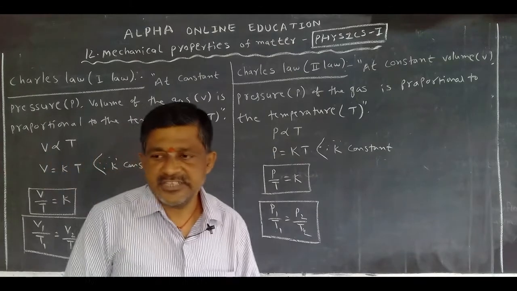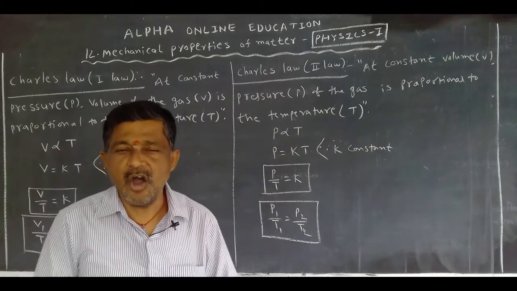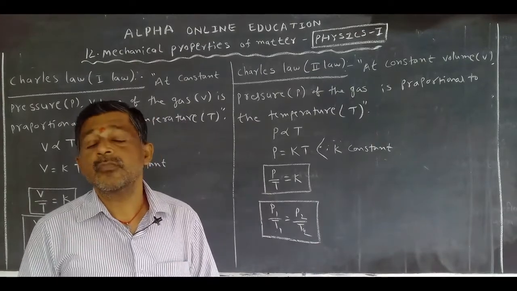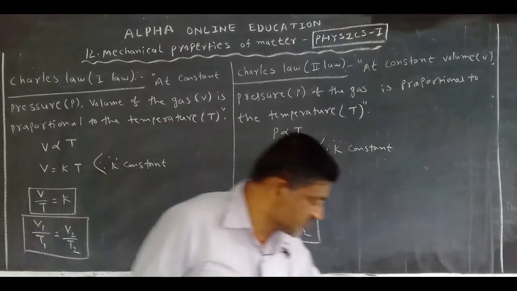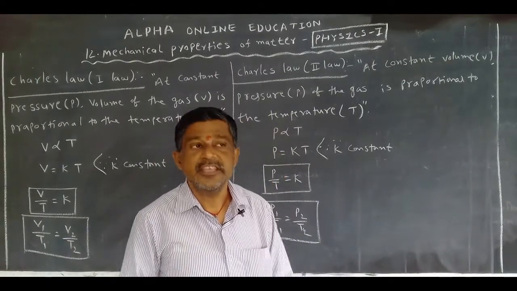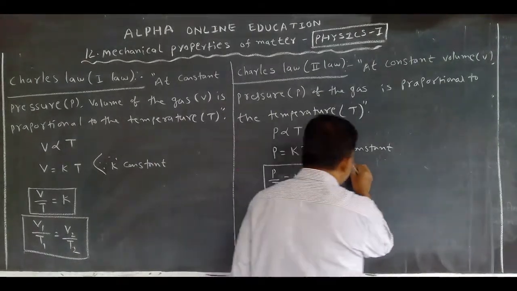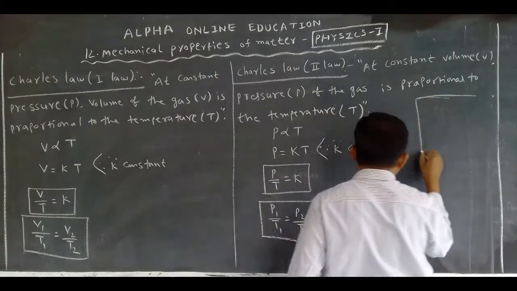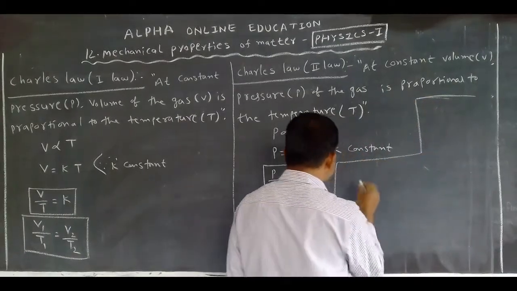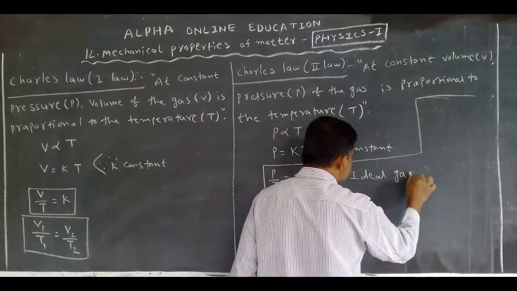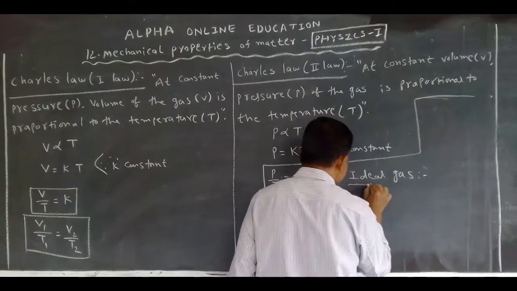Okay, these are the laws of gases. Boyle's law and Charles law are called the laws of gases. Okay, now the next one, this is important in this chapter, that is ideal gas. Ideal gas.